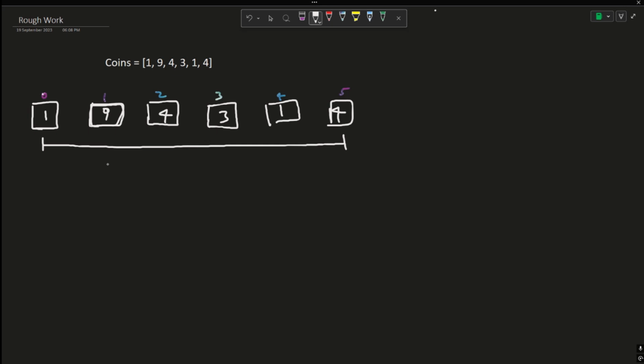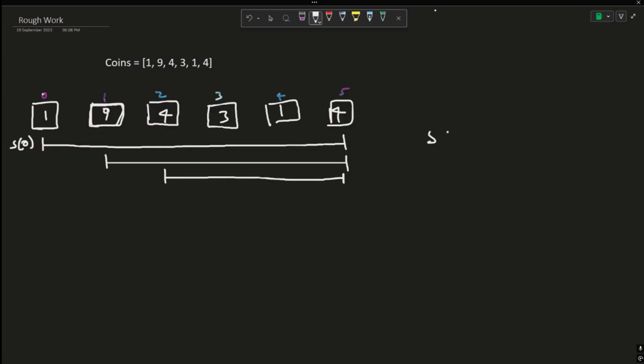I modify the problem: what if I start from this first house and visit till the end and get the max number of coins? So I minimized the problem by one house and still the problem is the same. I started from house 0 and went till the end, so it's the same problem. So I can say: start from the ith house, visit till the end and get the max number of coins. Yes.